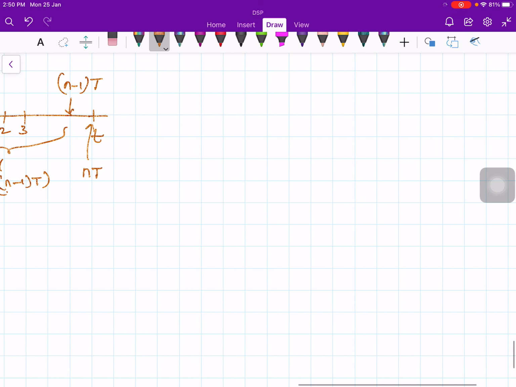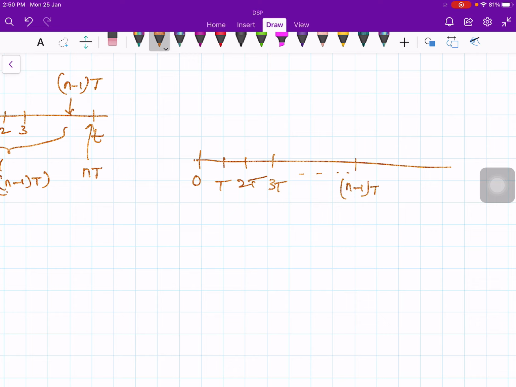Maybe I will write it down here. This is 0, T, 2T, 3T, and so on, and this is n minus 1 times T, and this point is nT.